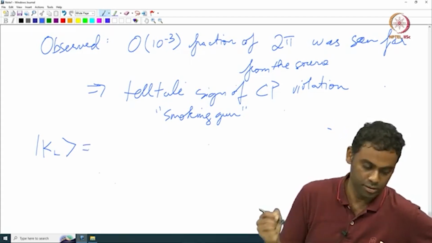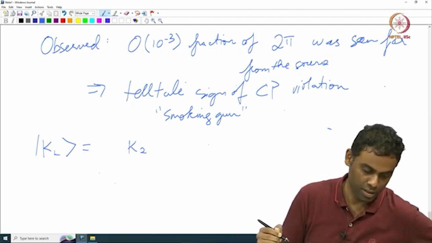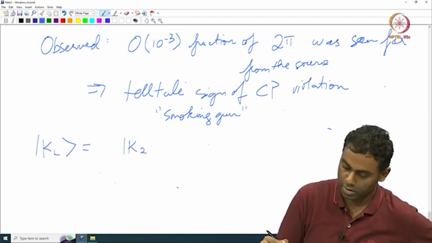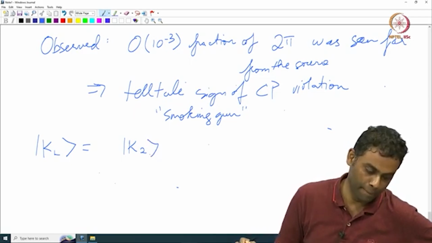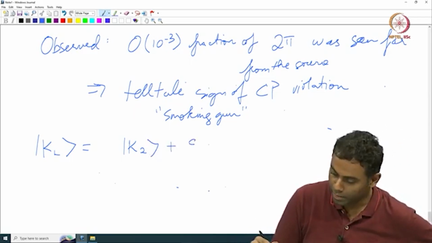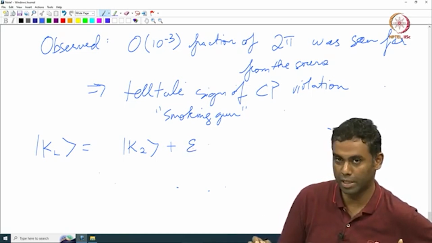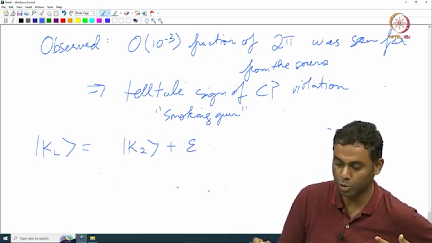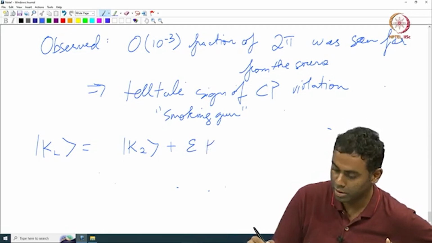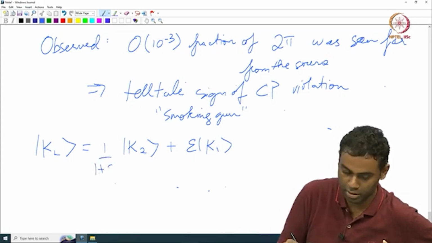K long is the K2 plus, since K2 is supposed to be mostly long lived and goes to 3 pions, a small admixture of K1. Since it's small, I am going to put an epsilon, and I can always normalize it correctly.